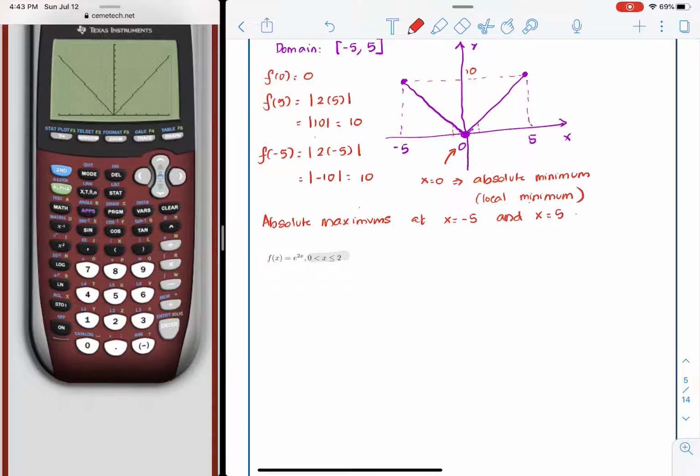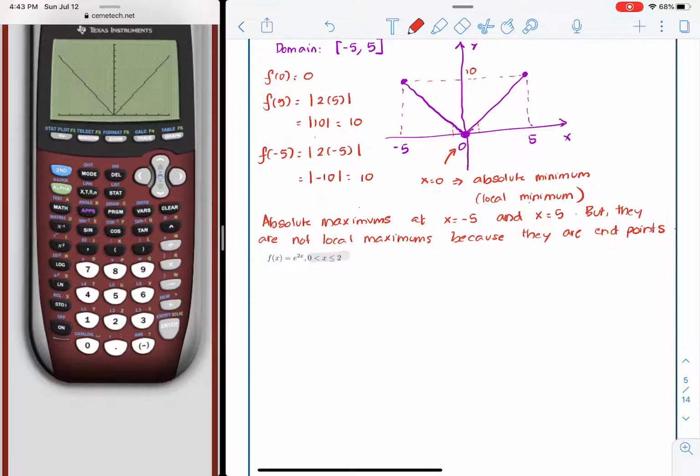but are these absolute maximums also local maximums? No. And why is that? Because they are at endpoints.